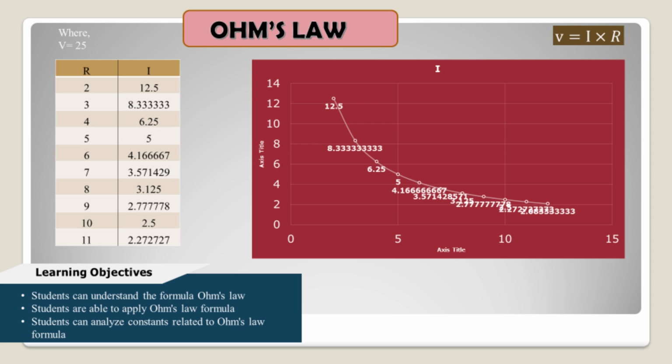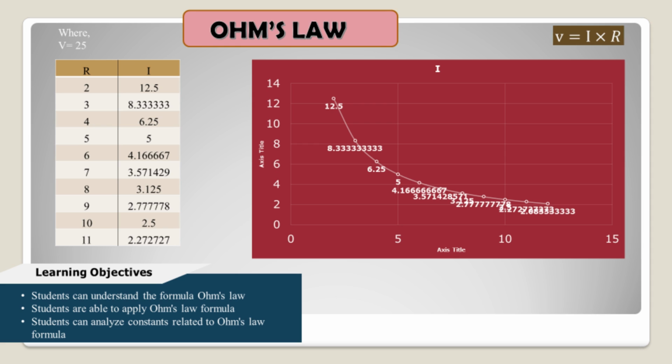If the resistance is equal to 10, the current is equal to 2.5. If the resistance is equal to 11, the current is equal to 2.272. Look at the graph of Ohm's law.